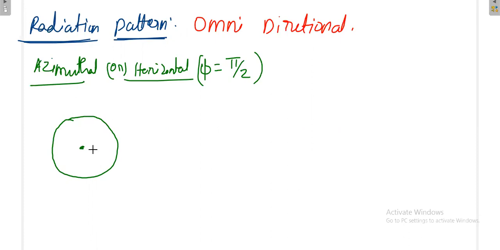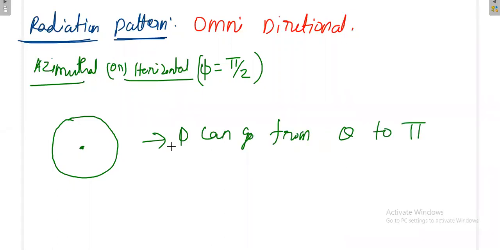And one thing is clear here: this is also independent of phi. Phi you can vary, but as you vary phi, the signal strength is not varying. That means it is radiating uniformly in phi, in the horizontal plane. My phi can go from 0 to 2 pi, so I can go anywhere on the circle.